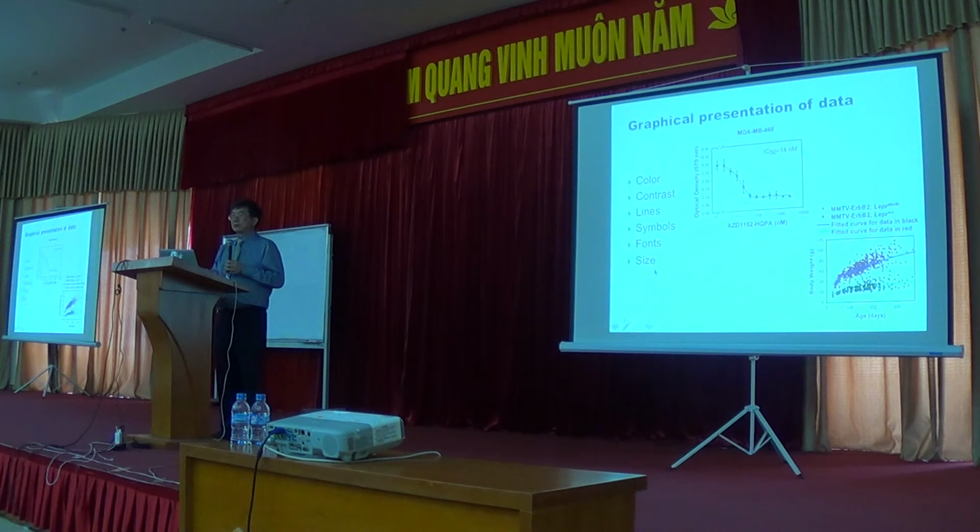The size. When you initially construct the graph, you need to do it in a large size so that when you shrink it, these days people use electronic media, so that when you have a high resolution, when you're shrinking it down to a 600 dots per inch graphical file, you have good resolution.